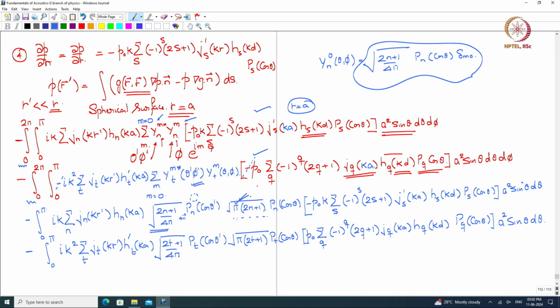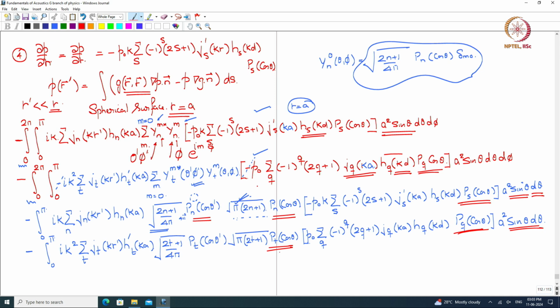Now we have Pn cos theta dash here, Pn cos theta here, Pq cos theta here, and sin theta d theta here. Nowhere else do we have theta. In the second component I have theta over here, and theta over here.